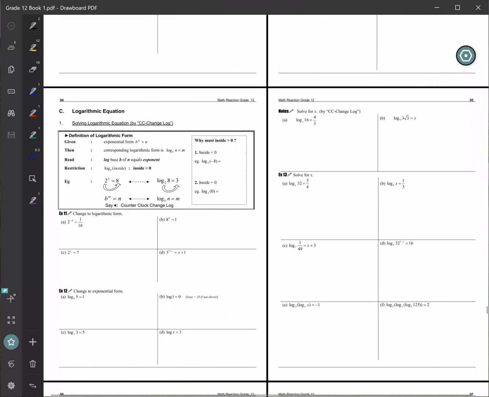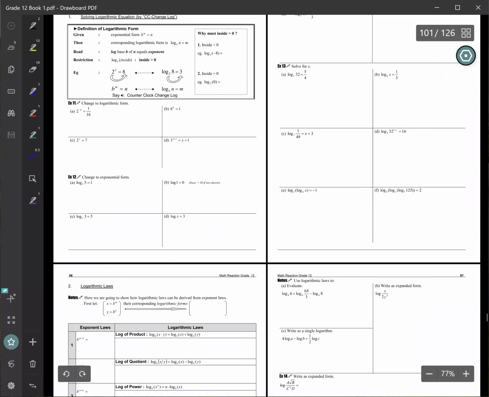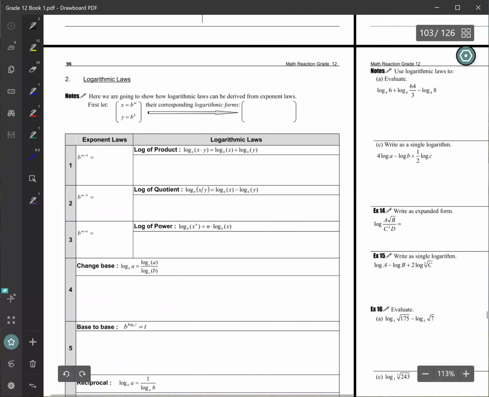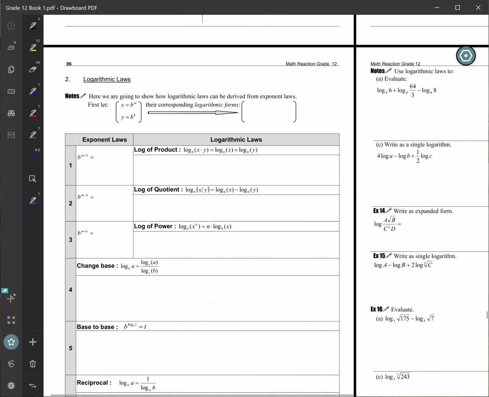Part C is called logarithm, logarithmic equation. We'll be introducing what log means, and what the use of it is. And just like the exponent laws, we also have the logarithmic laws. Each of the exponent laws has a corresponding log law.